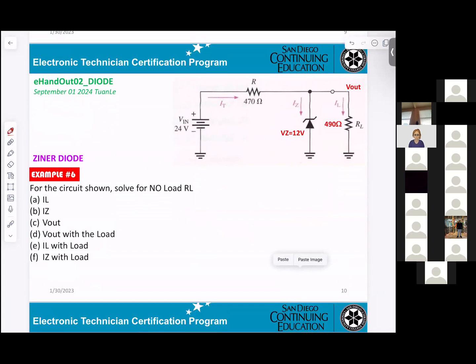Now try this one. For the circuit, Zener, no load RL. Right now we're talking about no load, that means forget that. So now you already see the Zener.